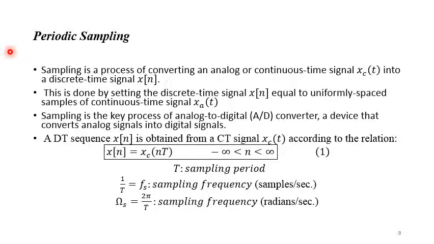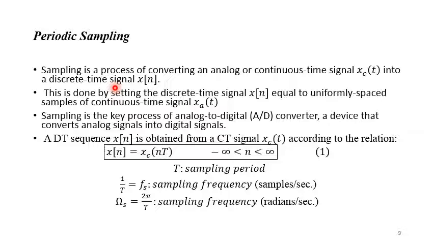So in this topic, we'll talk about how we obtain the discrete time signal from the continuous time or analog signal. We use sampling to convert an analog or continuous time signal into a discrete time signal.